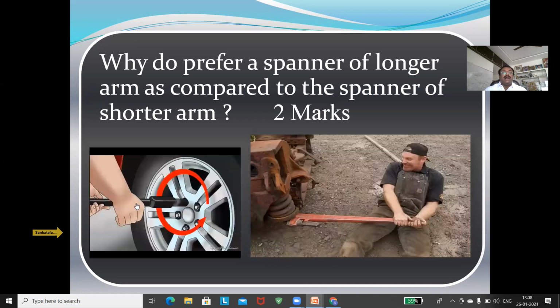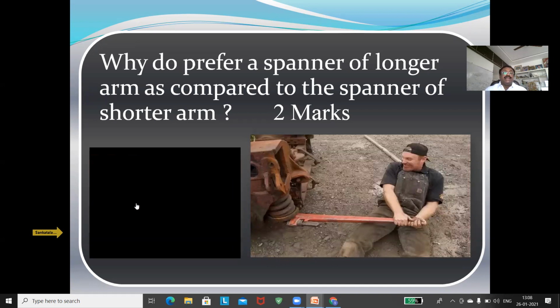If our car tire or two-wheeler tire is punctured and we want to remove the tire, we use a jockey and a long arm spanner. So why do we prefer a long arm spanner? If a long arm spanner is used, the torque becomes more, because the perpendicular distance R is more.